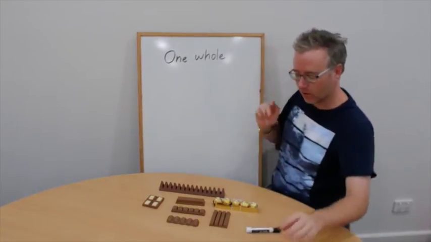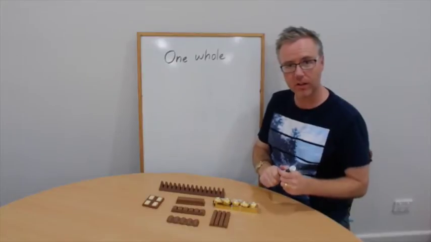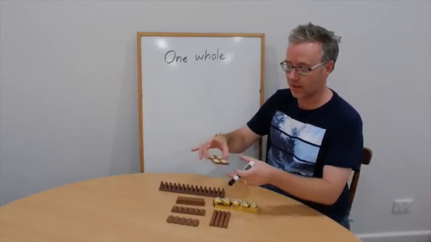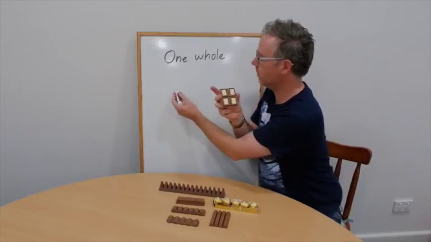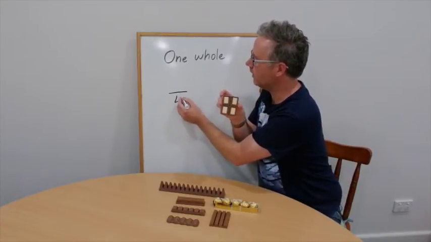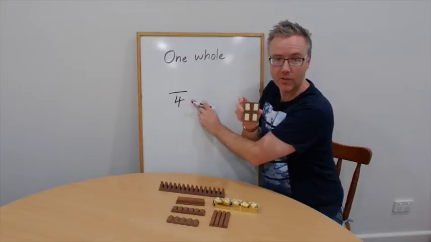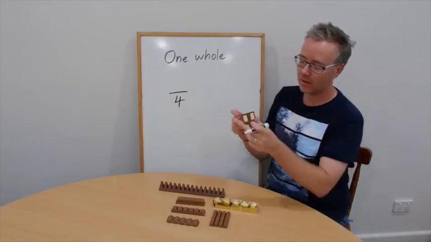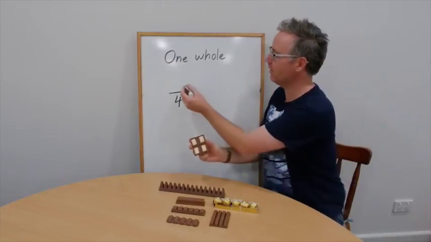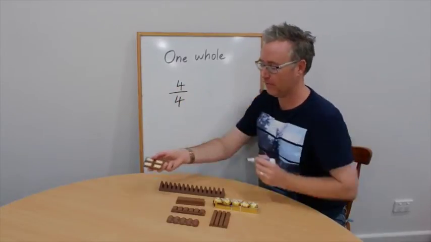We are now going to look at each of these chocolates and represent one whole. Here we have a whole that is divided into 4 equal parts. The denominator is 4. 4 equal parts make a whole. And I actually have 4 of them with me.